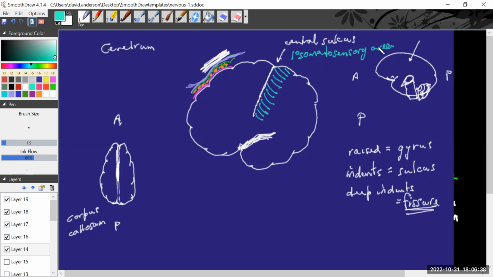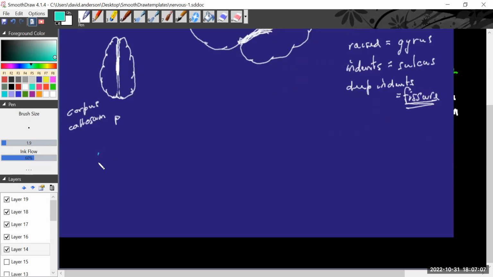So we've got groups of neurons that are specific to sensation from the baby finger on the right hand. And then another group of neurons for the fourth digit on the right hand, third digit on the right hand, palm of the right hand, forearm, arm, shoulder. You follow me on this? Yes, sir.